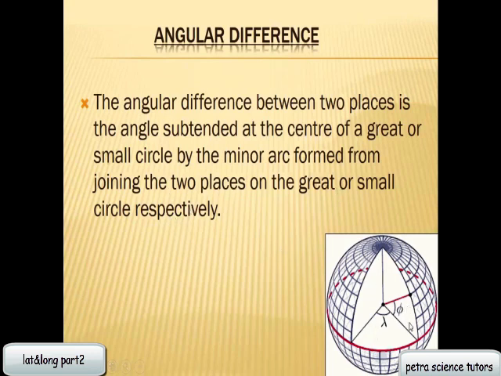If you see this diagram here, angular difference is simply saying what is the difference in latitudes, represented by this symbol phi. The angle phi is the difference in latitudes, which run north-south.